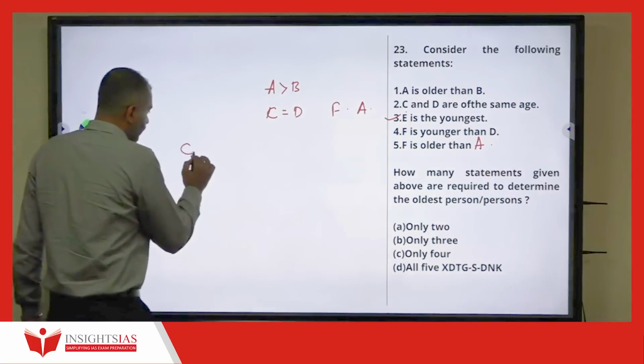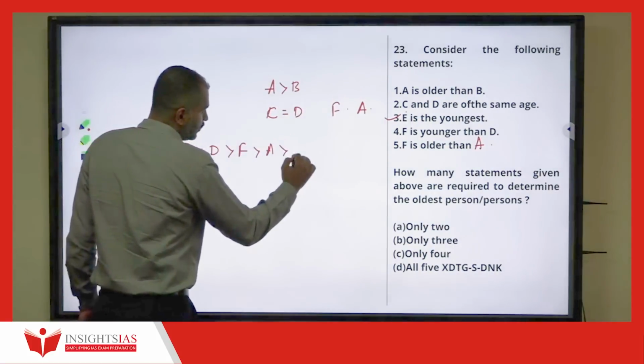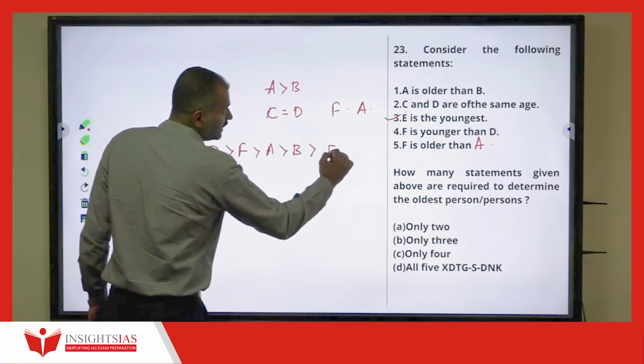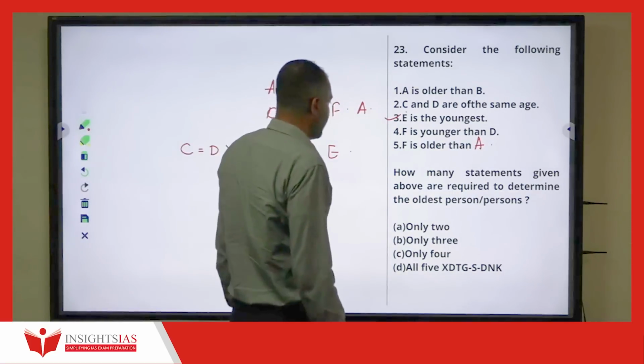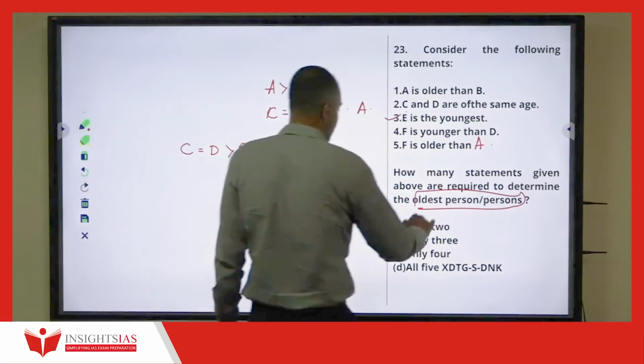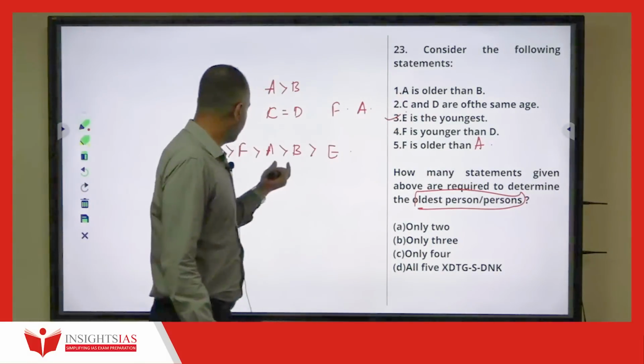Now, see, if I have to write this one, F is older than A and A is older than B and E is the youngest. Now, how many statements given above are required to determine the oldest person? See, oldest person. A is older than B. We require this anyway.